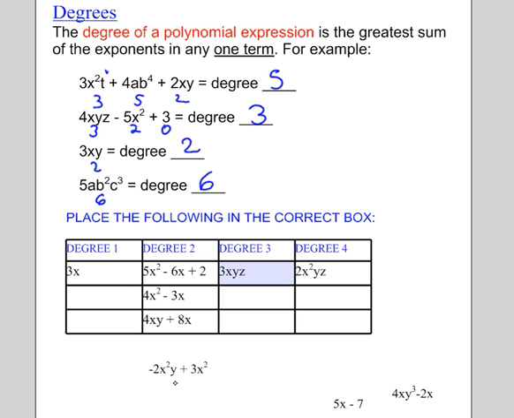Here we have 3 and 2, so 3 is the highest. Here we have a 1 and a 0, so 1 is the highest. For this one, we have 4 and 1, so 4 will be the highest. So check that you've got those right. Remember, it's each term, add up the exponents, and then choose the highest sum.